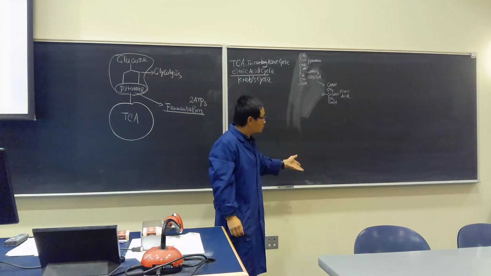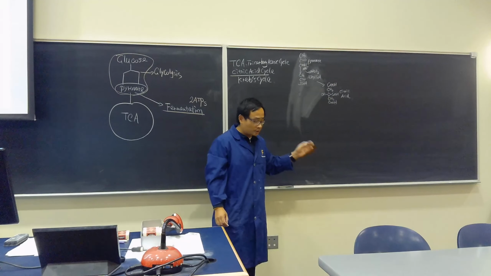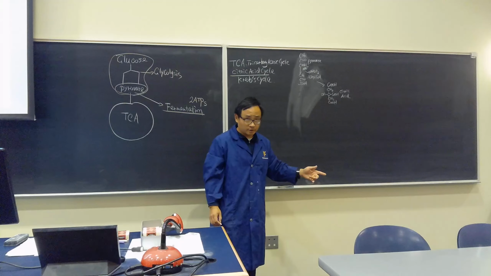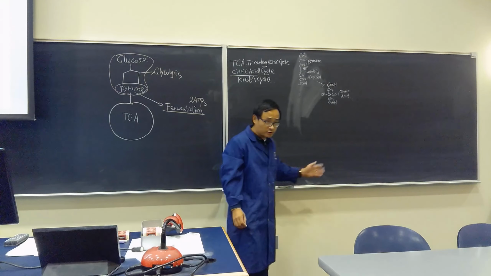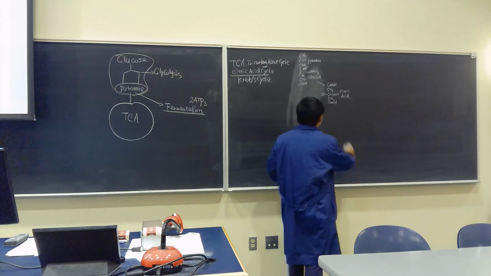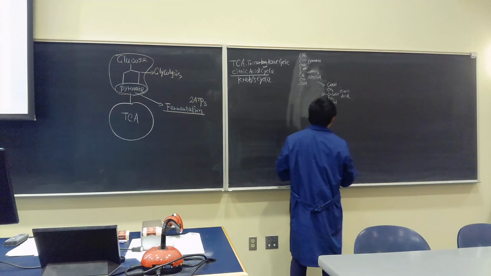Now, next step. In your biochemistry class, it will go to cis-aconitic acid, because you talk about human beings, animals, and fungi, which are eukaryotes. Here, we use an example for E. coli, which is a prokaryote. So we skip those steps. We directly go to isocitric acid.